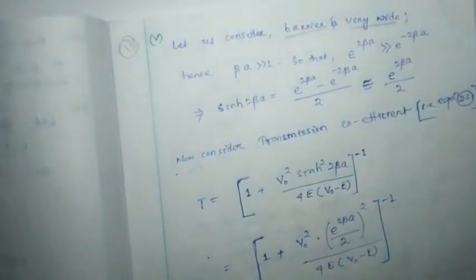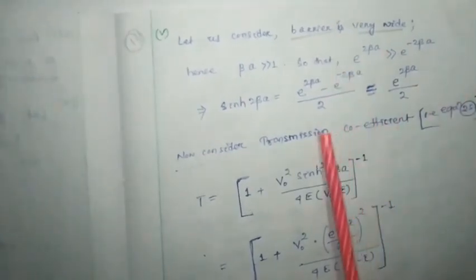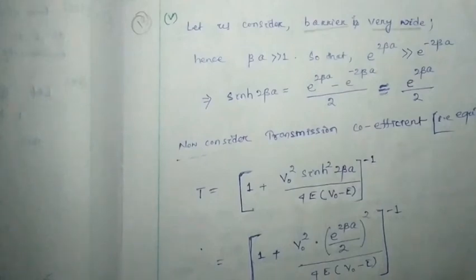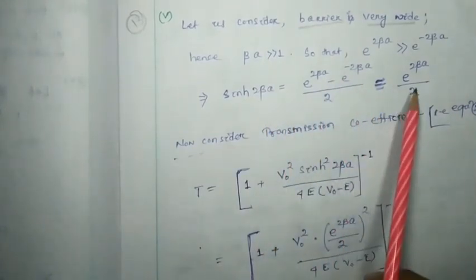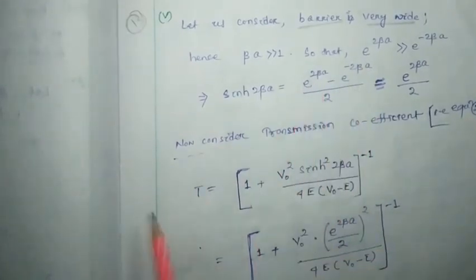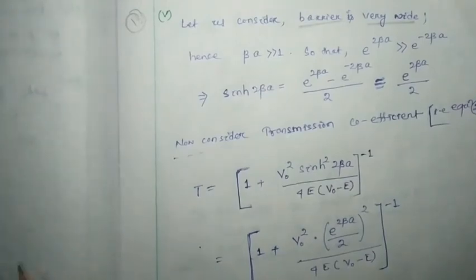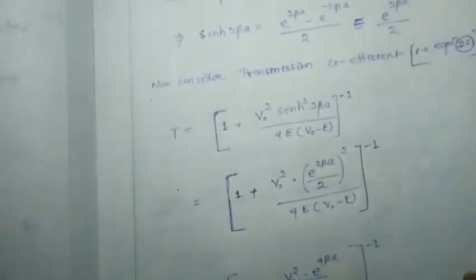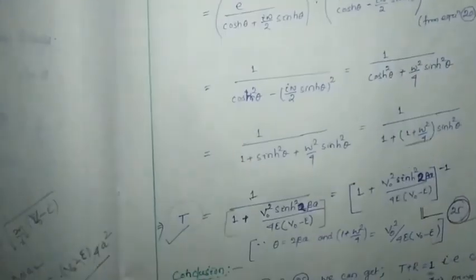So here we neglected the term e to the power minus 2βa. So we can consider sinh 2βa equal to e to the power 2βa by 2, because the other is very negligible. Now consider the transmission coefficient, that is your equation number 25. Because the transmission coefficient in general in our equation number 25, what we found, is this one.